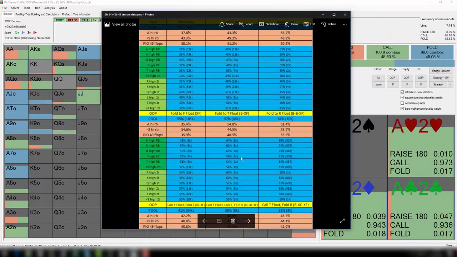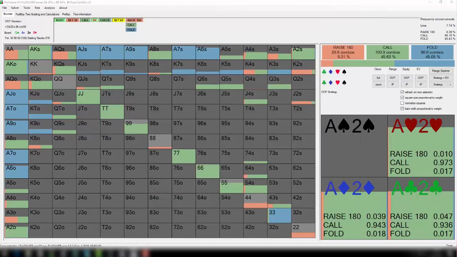So we got 45%, and the pool's folding 57% on average, 60% on Queen-high rainbow. You notice how consistent the check-fold on the turn is remaining despite the deviation on the flop c-betting range, and that's because the PO had the chance to reorganize and play an optimal range on the turn c-bet.